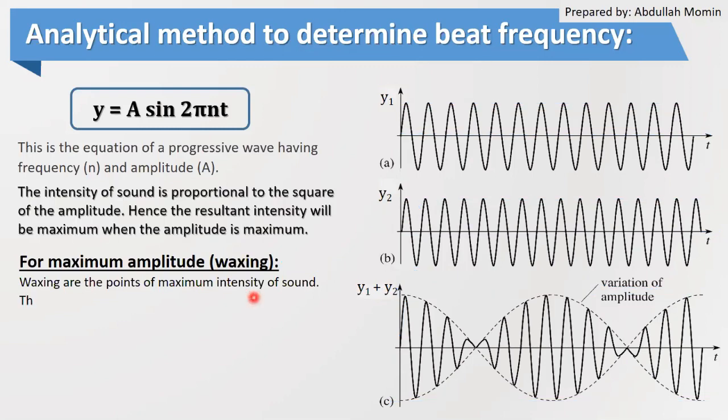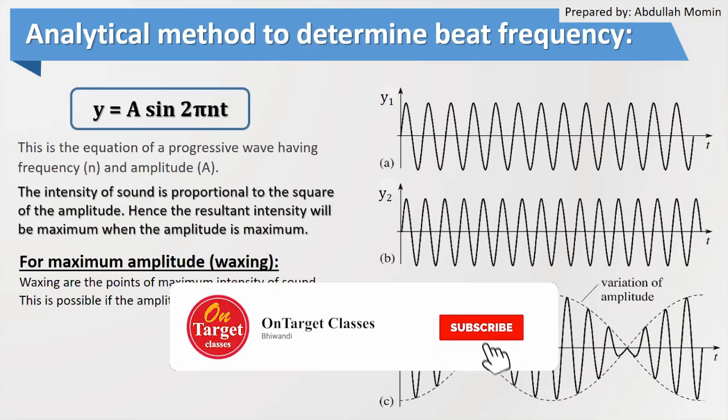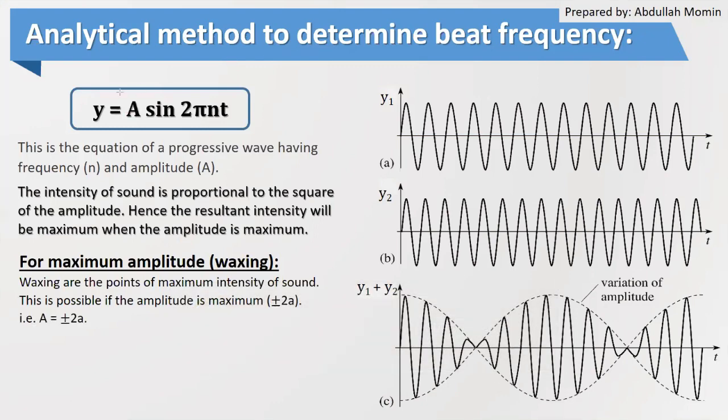So if the resultant amplitude A is ±2a, this point is waxing. Therefore we write A = ±2a.